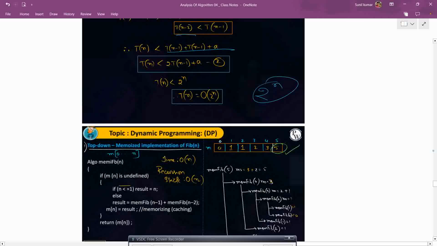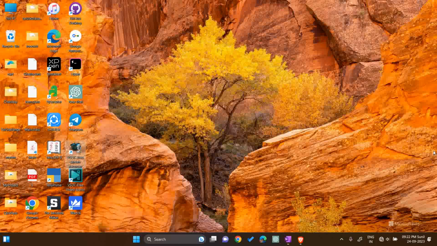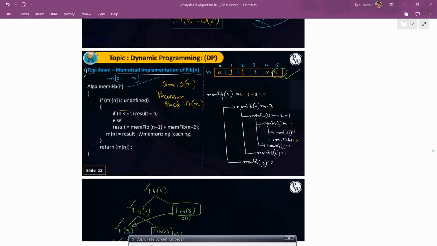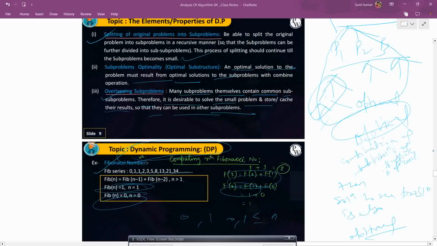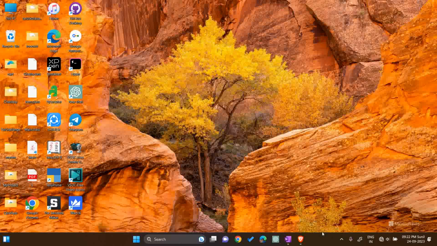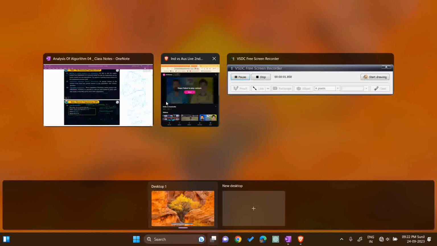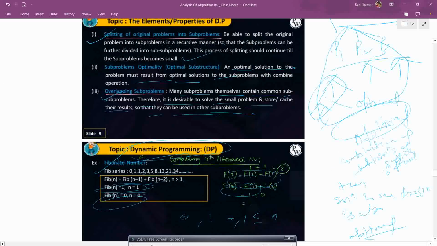So the top-down approach, memoization implementation of Fibonacci of n, is this. We will discuss it later.